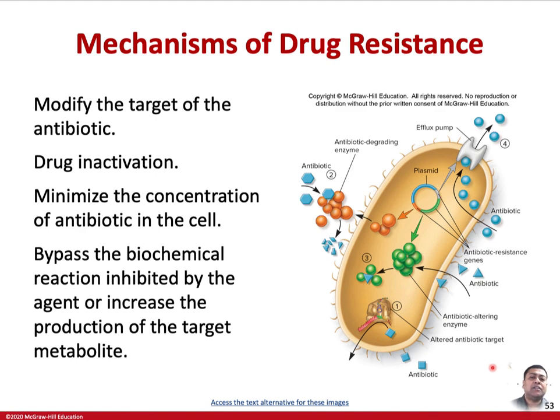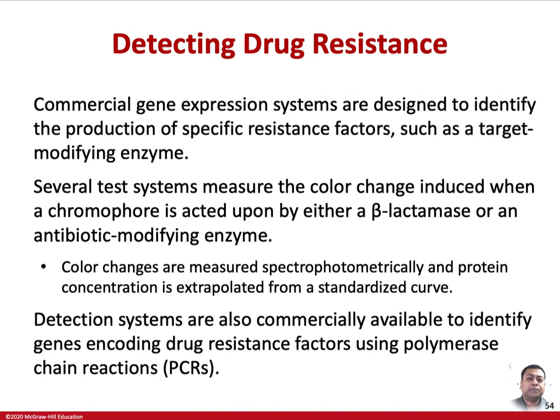So these are some of the ways that drug resistance does appear. The commercial gene expression systems are designed to identify the production of specific resistance factors such as target-modifying enzymes. There are several tests commercially available which have a color change induced when the chromophore is acted upon by the beta-lactamase or an antibiotic-modifying enzyme.